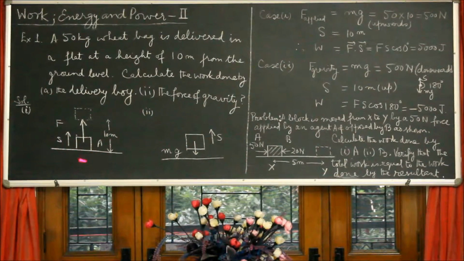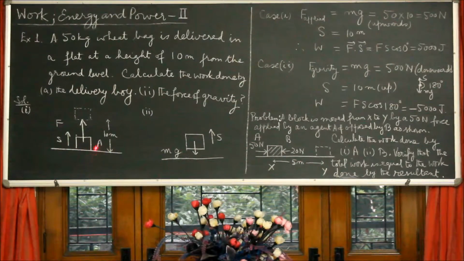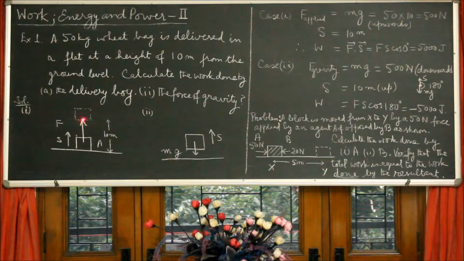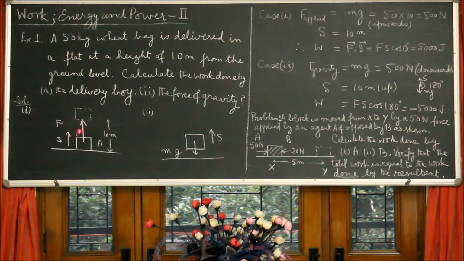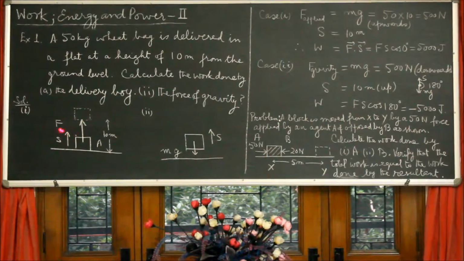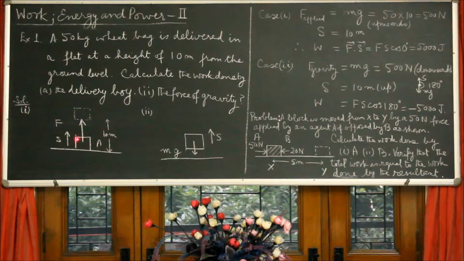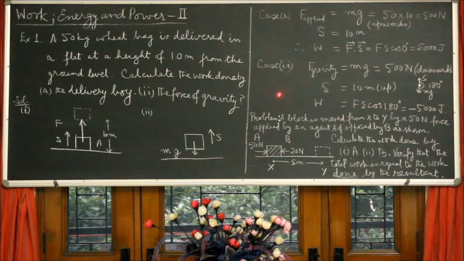Here in figure 1, in order to carry the bag, the delivery boy has to exert a force upwards, and the displacement is also upwards. So the force and the displacement are in the same direction. Therefore, the angle theta between the force and the displacement vector will be 0.